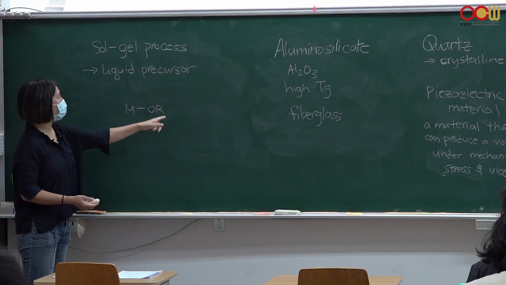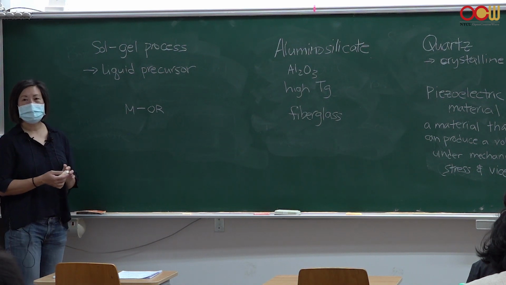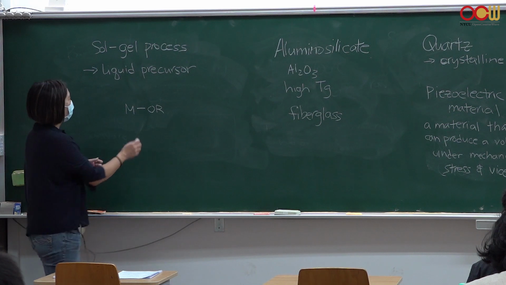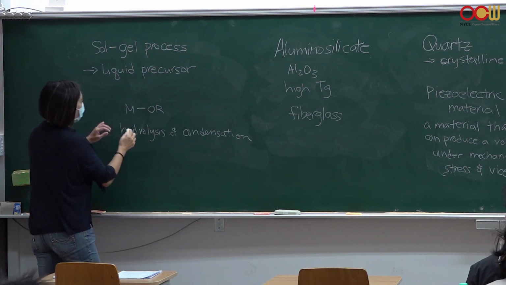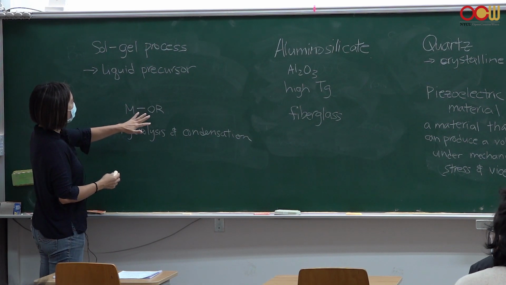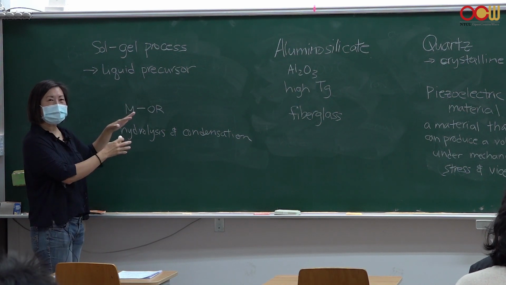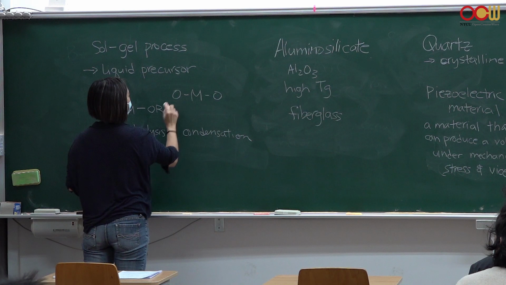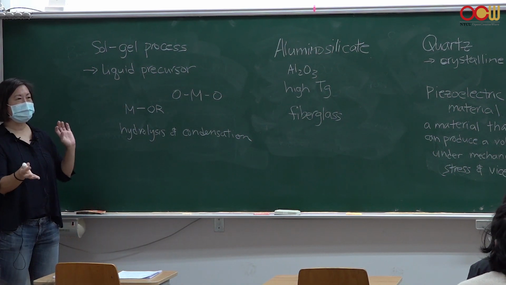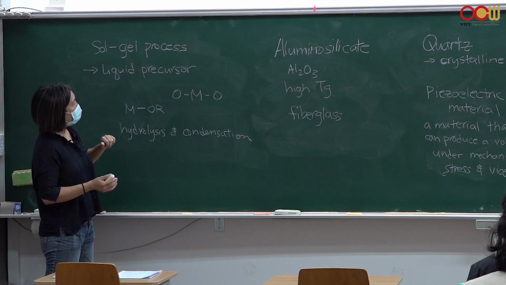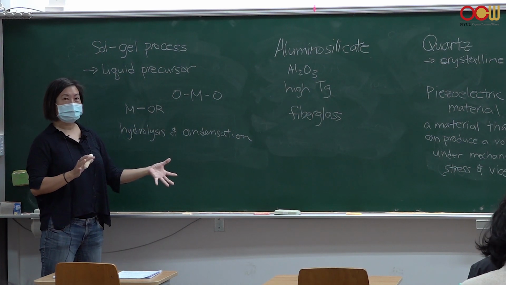And then you could swap out the R through a chemical process called hydrolysis and condensation. Basically you could use a liquid to do a chemical reaction where you make something like this, a metal connected to oxygen or carbon. And this could be done in a liquid process.